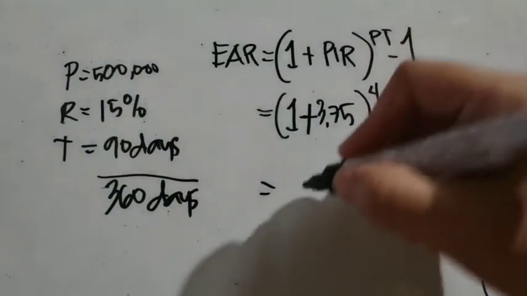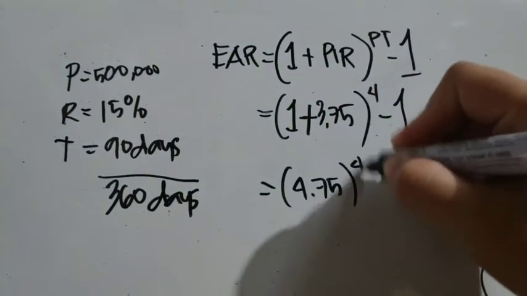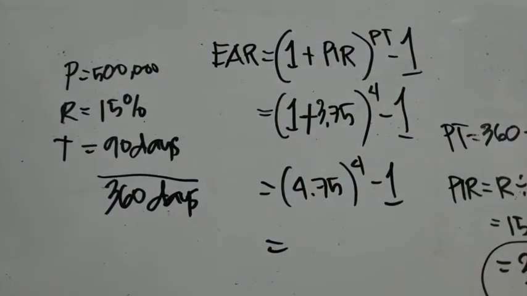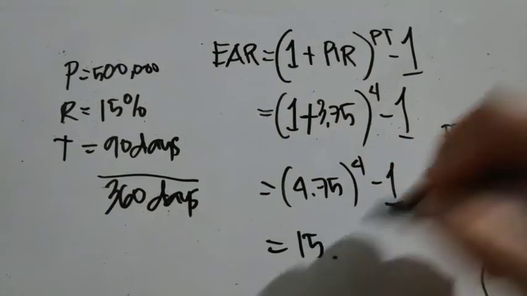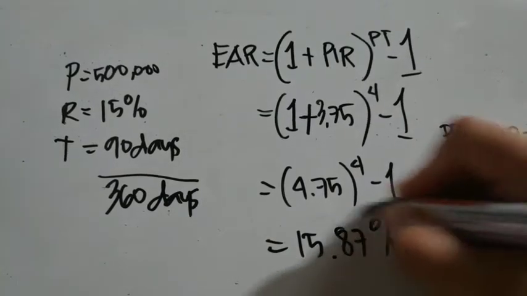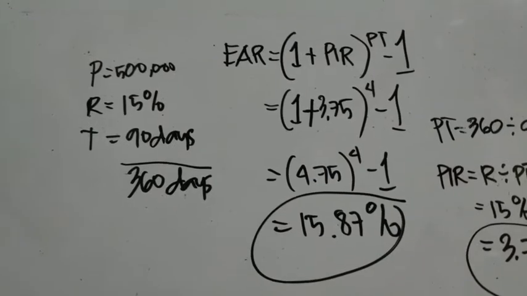Okay, so it will be 1.0375 exponent of 4 minus 1. And then you will get 15.87%.